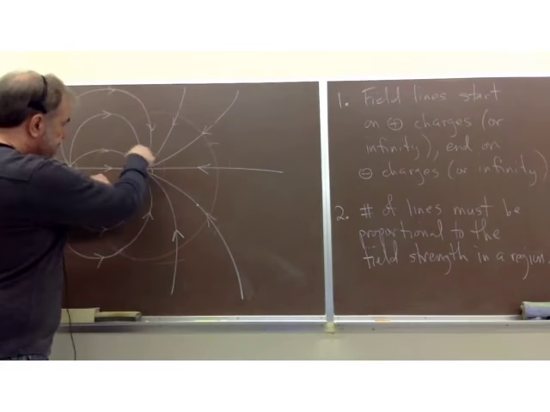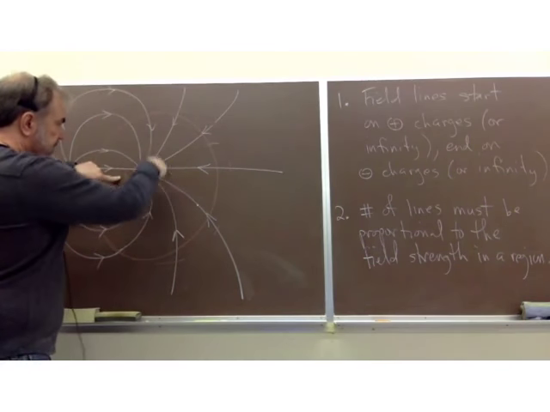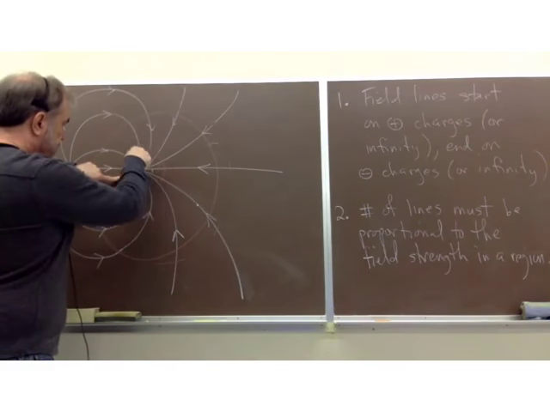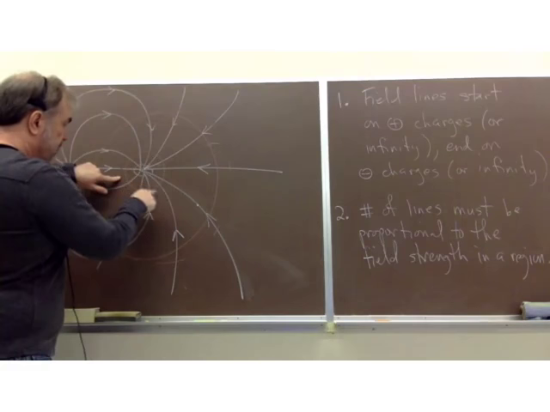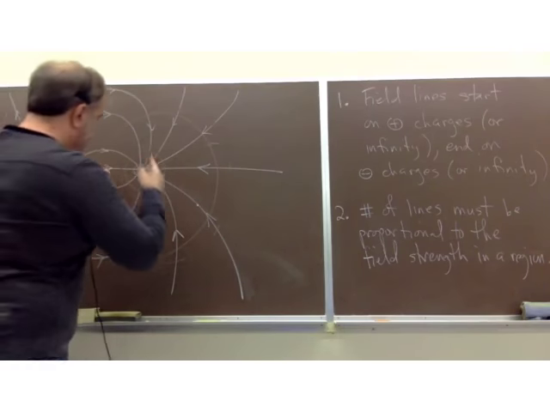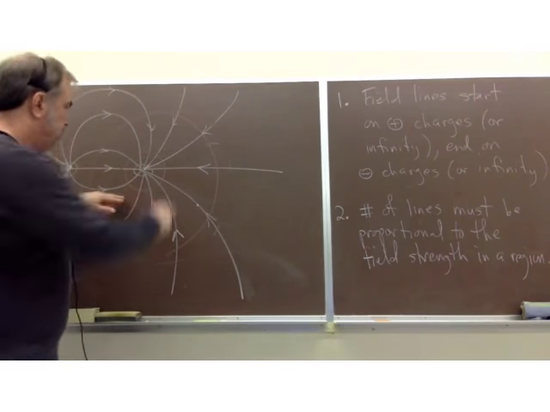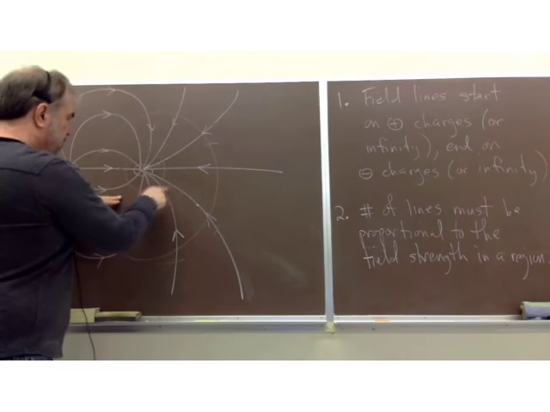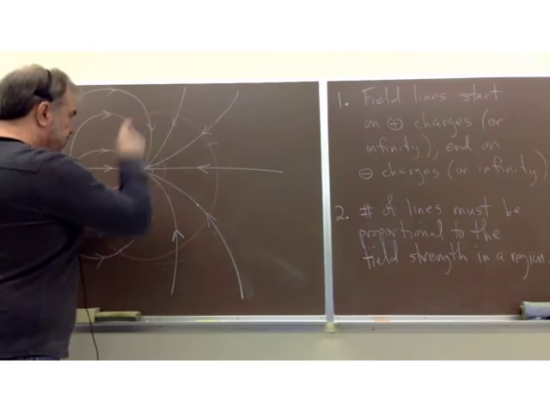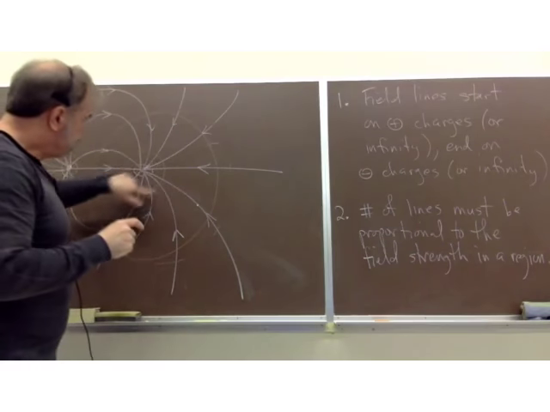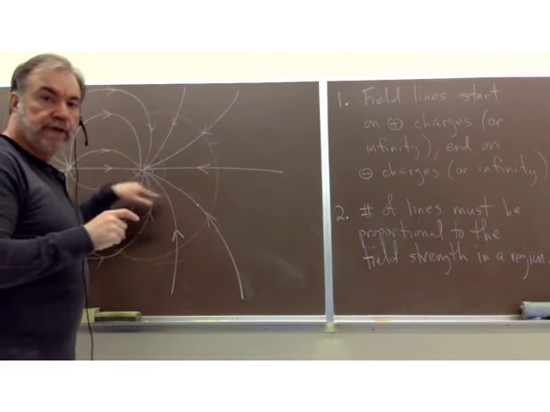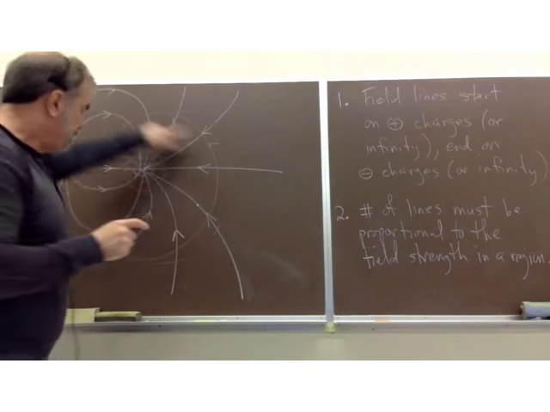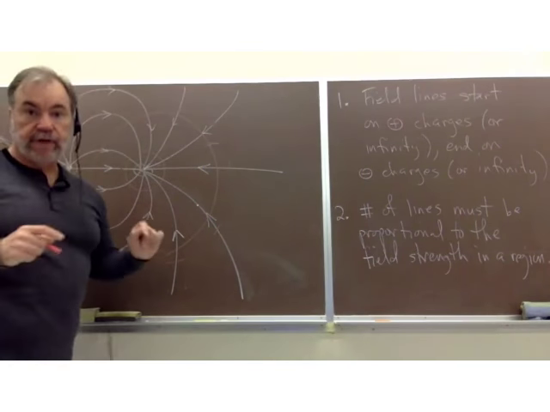Notice that this circle here has a small circumference, and there's 1, 2, 3, 4, 5, 6, 7, 8, 9, 10, 11, 12, I guess 12 or 13 or 14, whatever it was. I lost count. Let's see. 1, 2, 3, 4, 5, 6, 7, 8, 9, 10, 11, 12. Yeah, 12. So in this small circle, I have 12 field lines passing through it. Through this larger circle, I also have 12 field lines passing through it. Go ahead and count them.